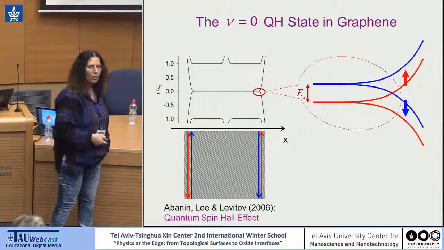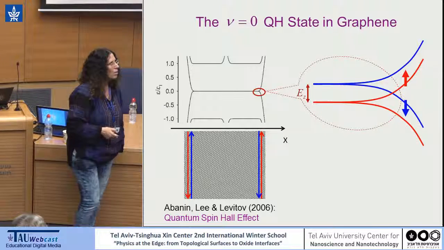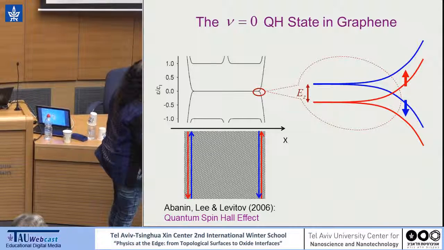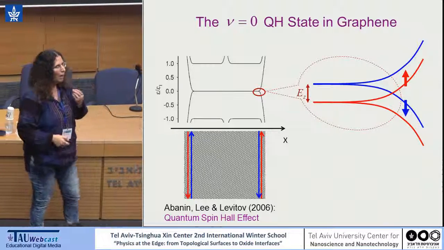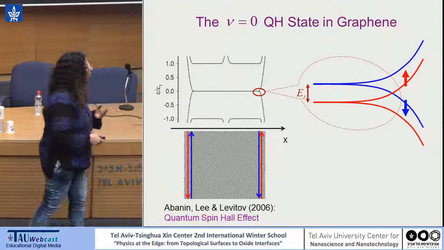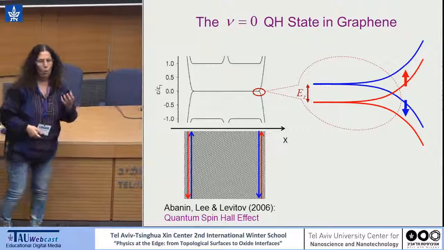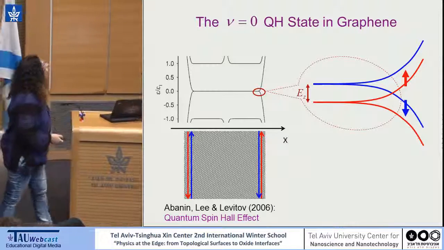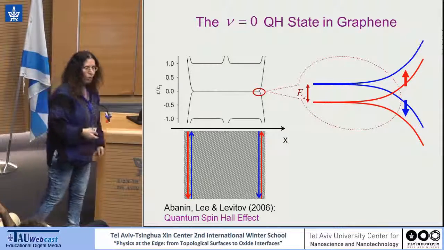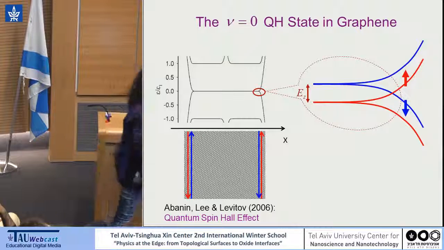So this is a non-interacting picture, and there is, however, something we have to worry about. The Zeeman energy is really tiny, especially compared to the typical scale for a Coulomb interaction. It's two orders of magnitude smaller. And we might want to ask, what would the interaction do?